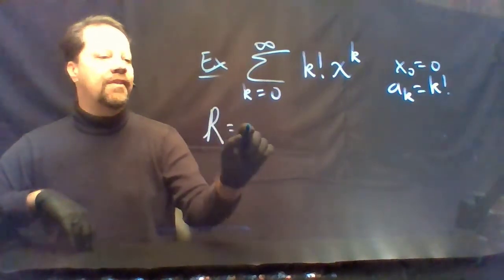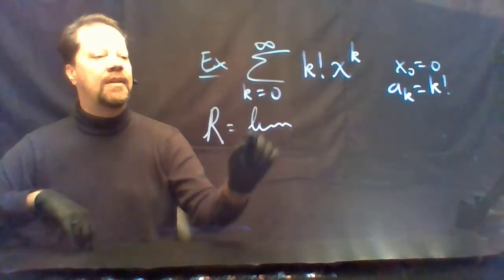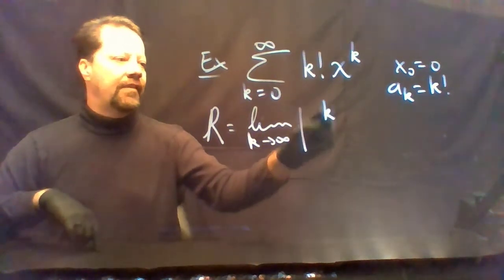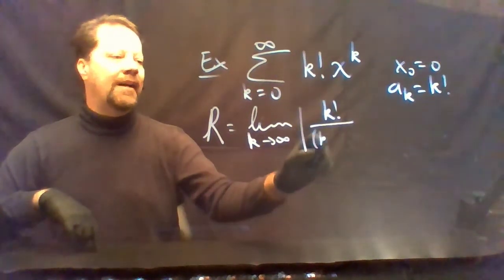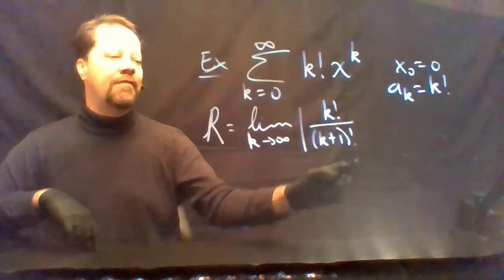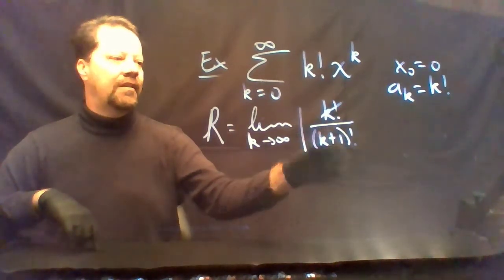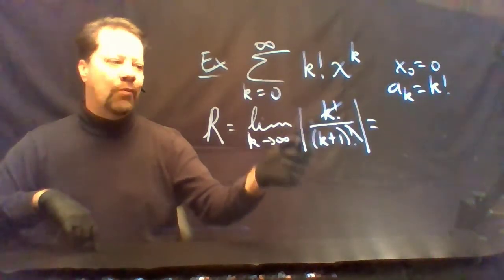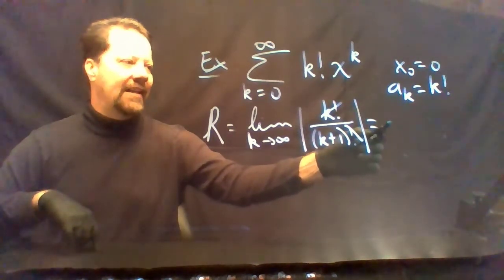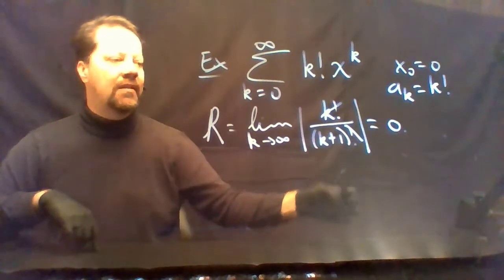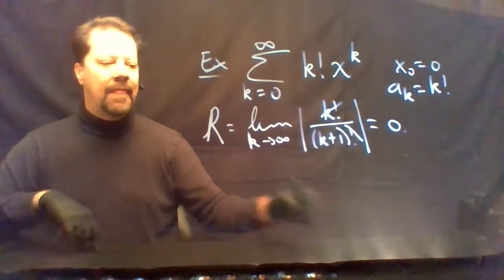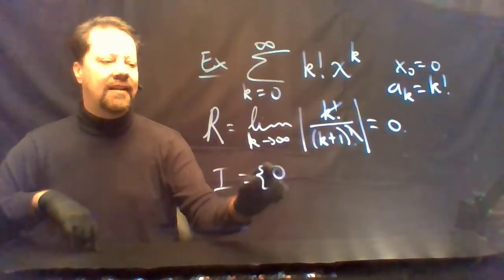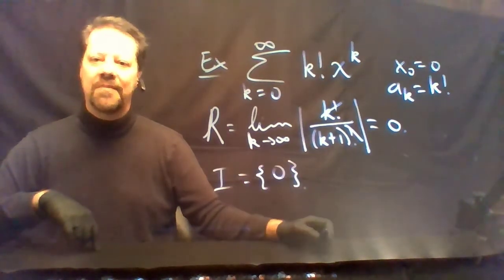The radius of convergence is the limit, as k goes to infinity, of k factorial divided by k plus 1 factorial. We end up taking the limit of 1 over k plus 1 as k goes to infinity. We obtain 0. That means the interval of convergence is really just a set that contains only the center, 0.